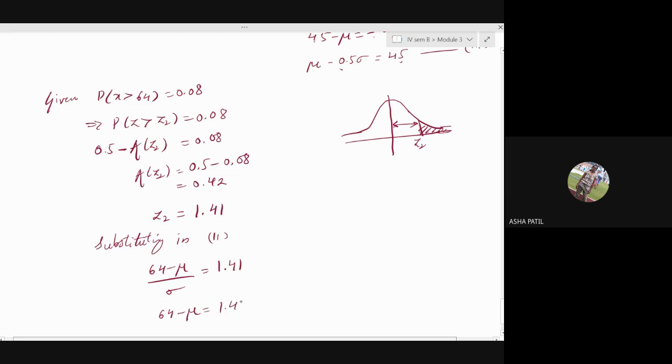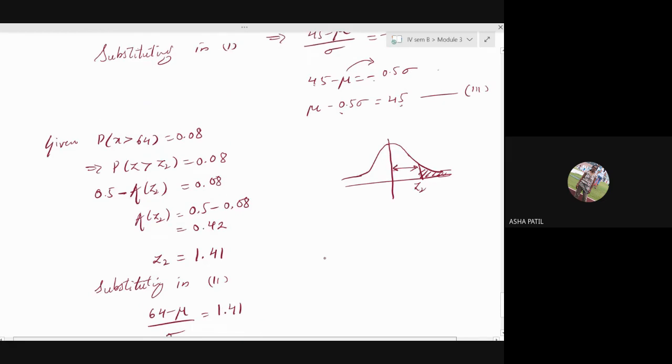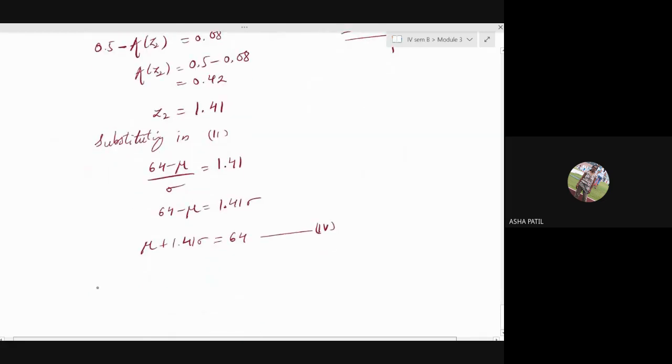So 1.41 sigma equals 64 minus mu, or we can put it as mu plus 1.41 sigma is equal to 64. Call this equation 4. Now solve these two equations, 3 and 4.